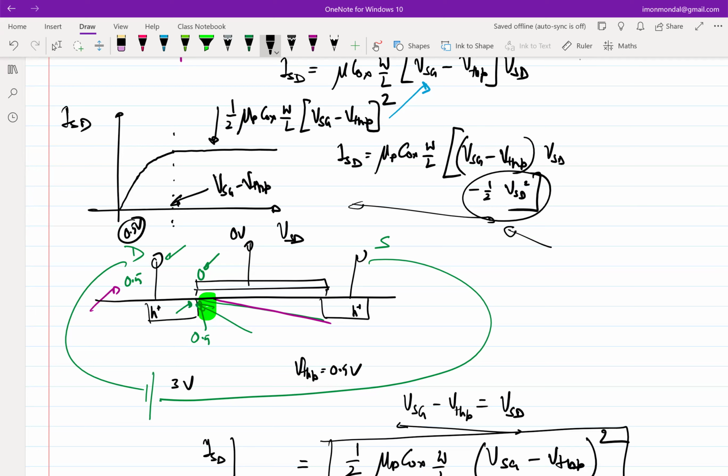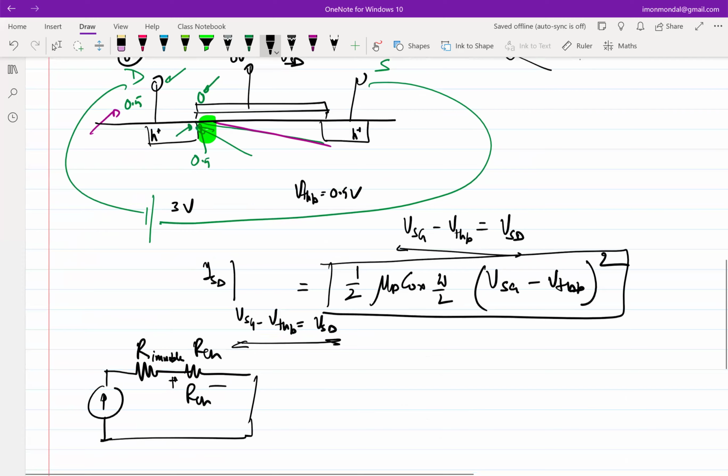So from the last class and part of this class, it seems like we are now in a position to characterize the current voltage condition of the entire MOSFET for all 4 quadrants of I and V. Okay, so if we do that, then we can say that the MOSFET is an abstraction, that symbol is an abstraction of the device, and then we can run with it. Okay, so that's all we are trying to do here.